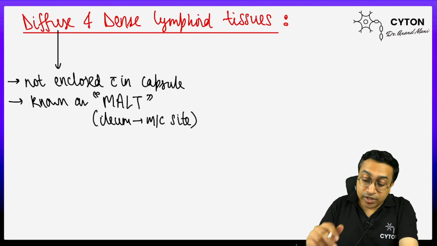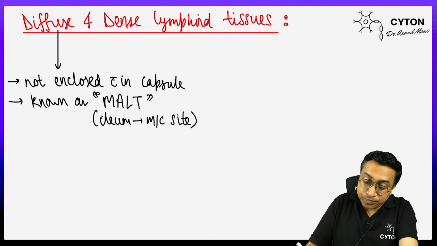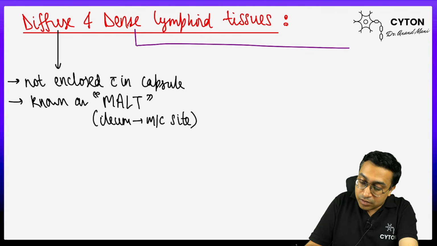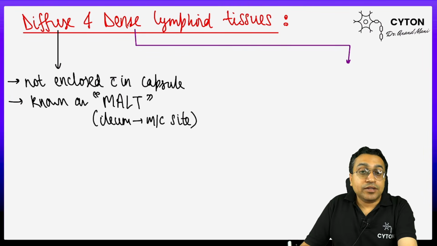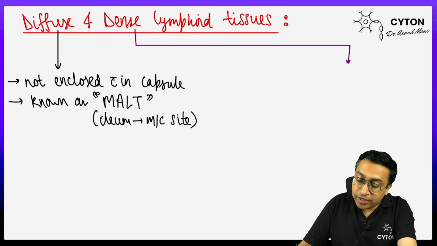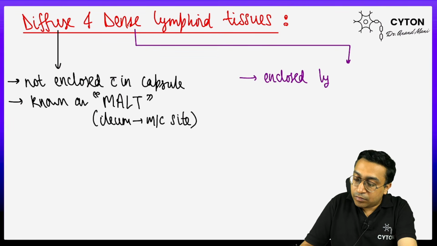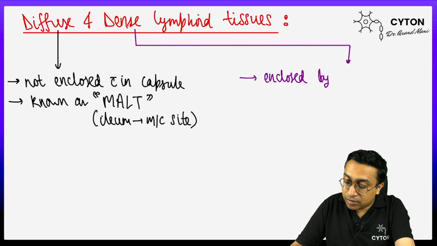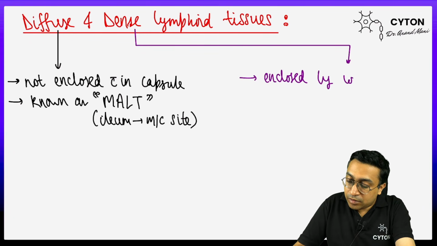Then we have the dense lymphoid tissue. The dense lymphoid tissue is enclosed by a well defined capsule.